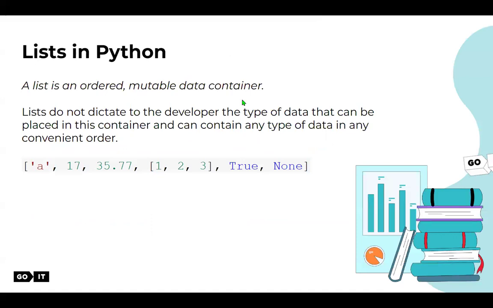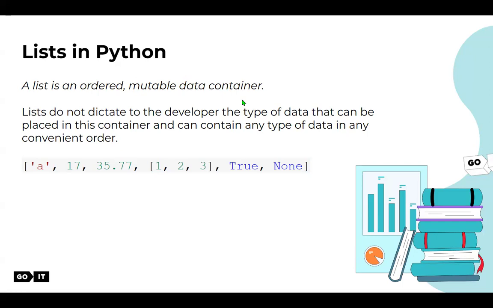All right. So lists in Python, please remember this is a mutable data container, right? What does that mean? In layman's terms, it means that anything that you put in the list can be modified after the creation of that list, right? There will be certain functions or operators that we will cover a little later on that will allow you to do that. But a list in itself can contain a series of data types.